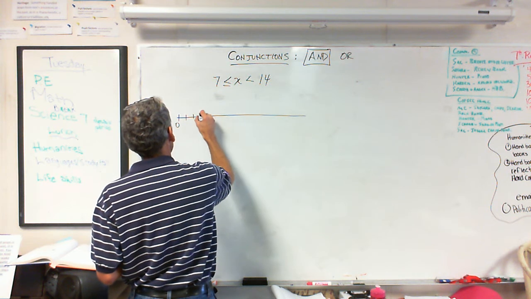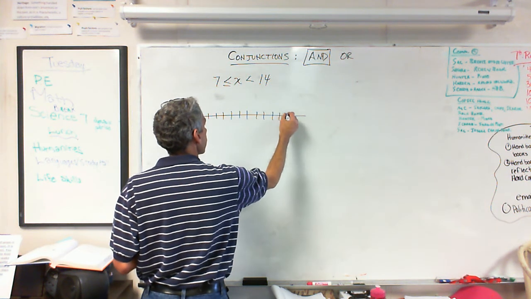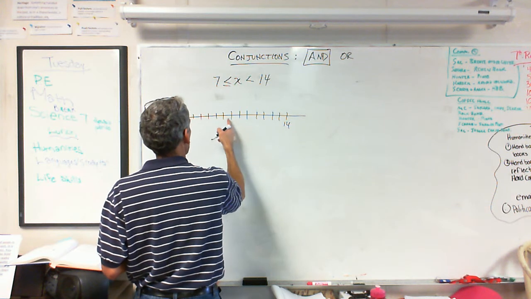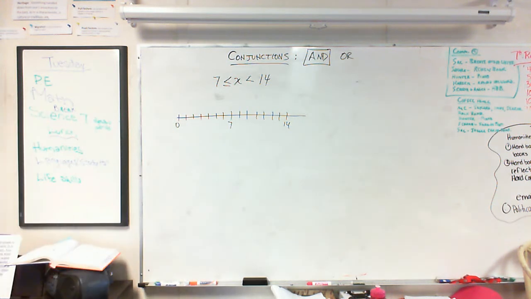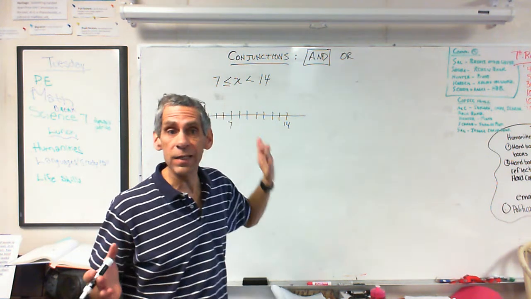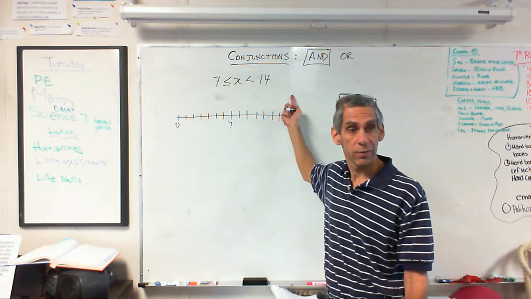Well, 1, 2, 3, 4, 5, 6, 7, 8, 9, 10, 11, 12, 13, 14. Okay, so what do I do? When they are written in this format, you immediately know your two endpoints: 7 on the left, 14 on your right.